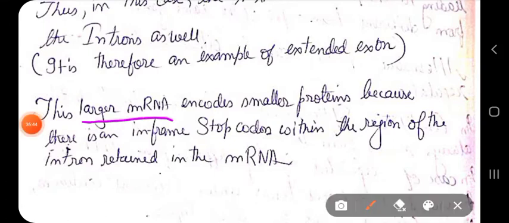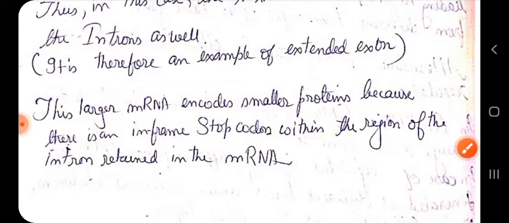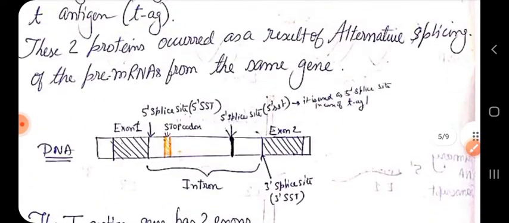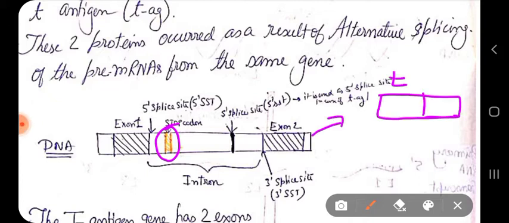The large mRNA will encode smaller proteins because there is an in-frame stop codon within the region of the intron retained in the mRNA. So obviously you can see here that there is a stop codon also present within the intron region, right? So I am writing now for you to clarify. For the large T antigen, we can see the whole intron has been removed.